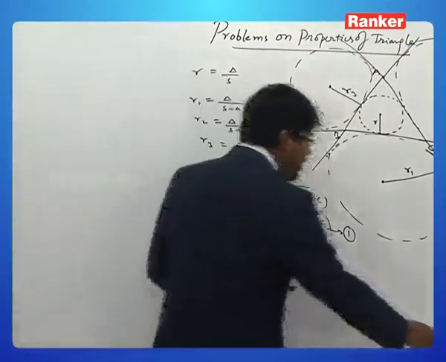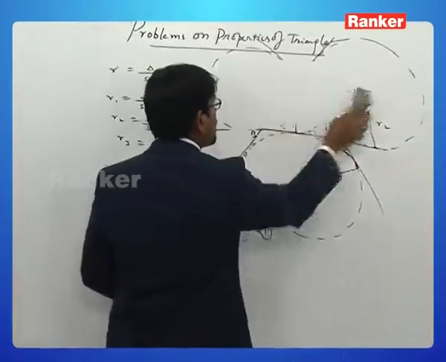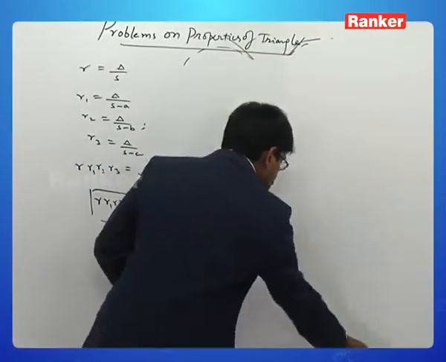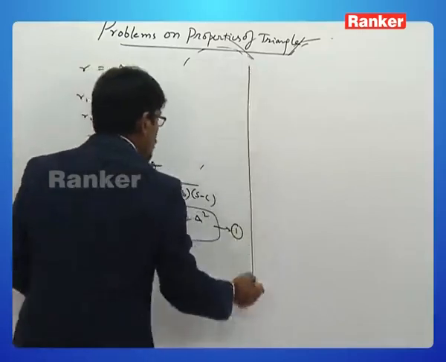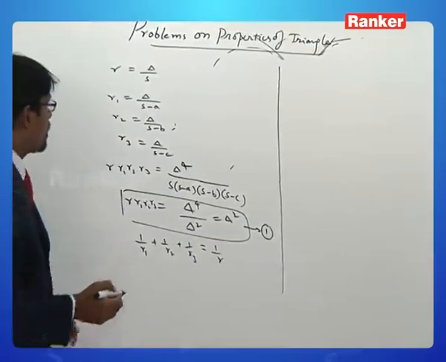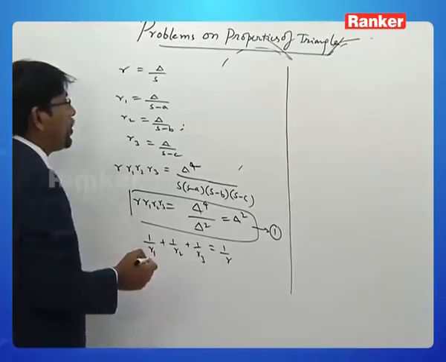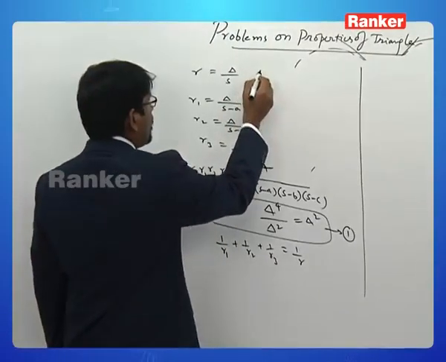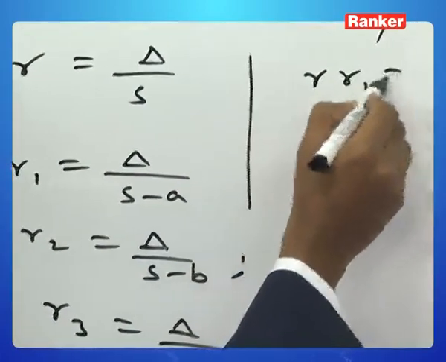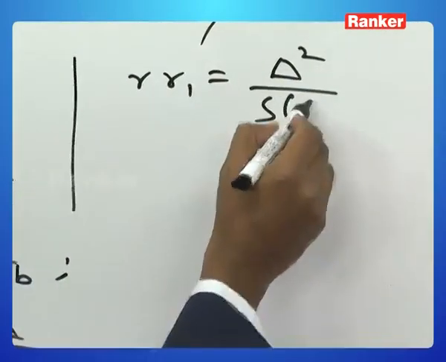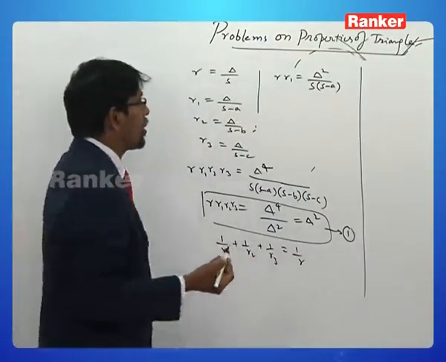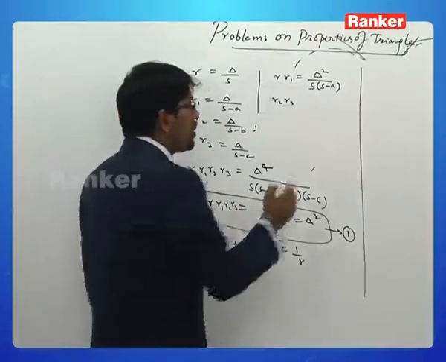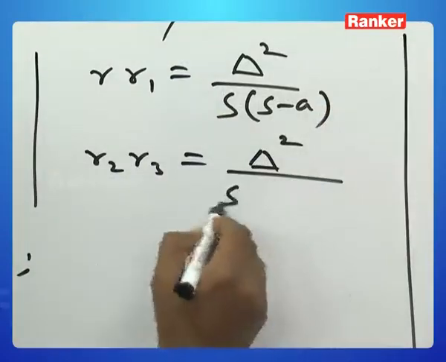Moreover, if you look at R into R1, it is delta square by S into S minus A. Whereas R2 into R3 is equal to delta square by S minus B into S minus C.